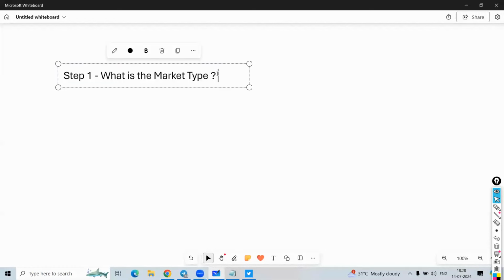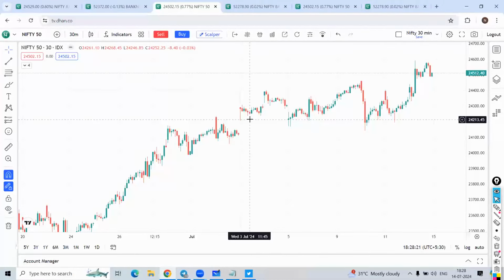Simple factor: fast or slow. Any chart I open, my first goal, before marking any support or resistance, is to understand whether the market is fast or slow.